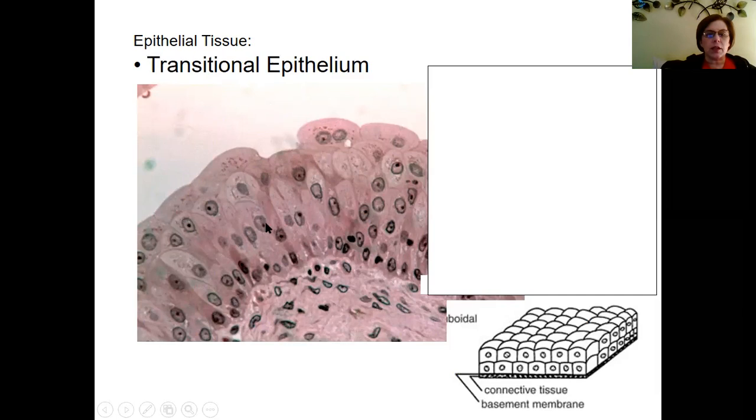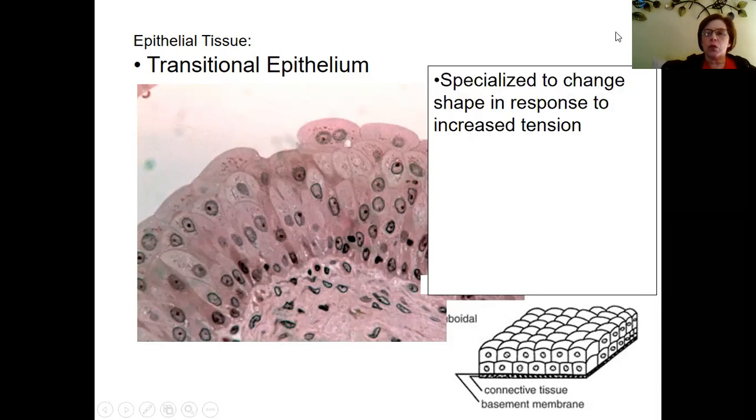If you've ever seen the tail of a peacock, there's a bright circle on the end, like the shape of a rounded feather. And then at the bottom, it almost looks like stratified squamous. So transitional, after you see it a few times, it's actually pretty easy to identify because you begin to get that feel for, oh yeah, I get that. There's those ovoid, and then I go into the peacock feathers.